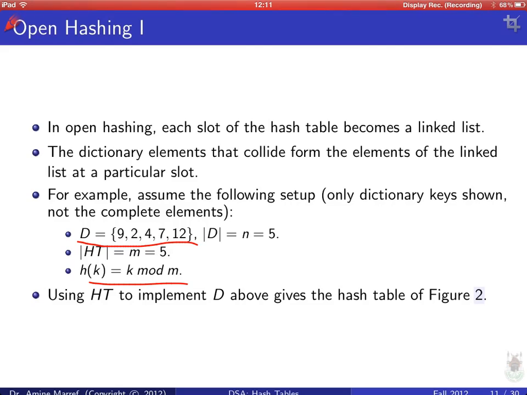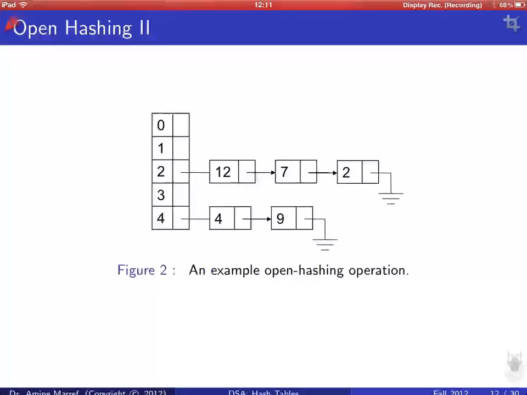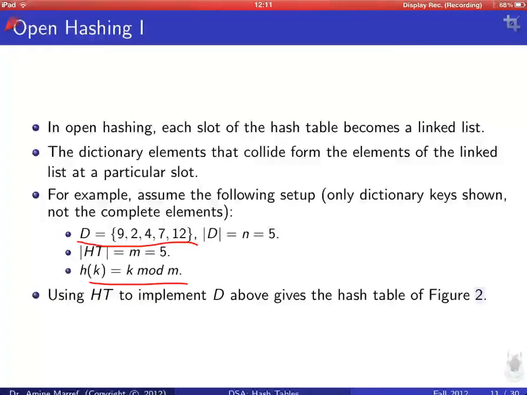Now, let's say I want to search for the item number 2, or for key 2. What's the complexity of doing that? In order to answer a question like that, you have to decompose the whole operation into small parts.